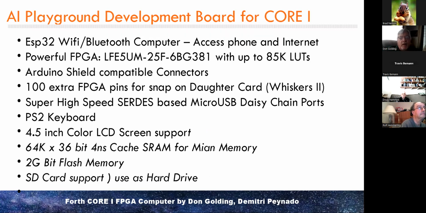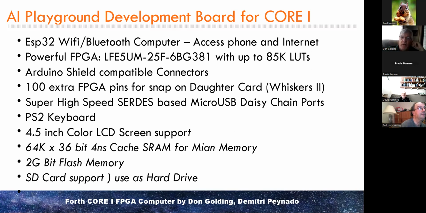The AI Playground development board has an ESP32 Wi-Fi Bluetooth computer on it, so we'll run Brad's eForth on it. This is so we can access things like your phone and the internet. I don't want to have to screw around with talking to the internet when I can just put a $3 part on the board. Brad and many of the other people using eForth have written a lot of code to do internet stuff, so the internet comes free.